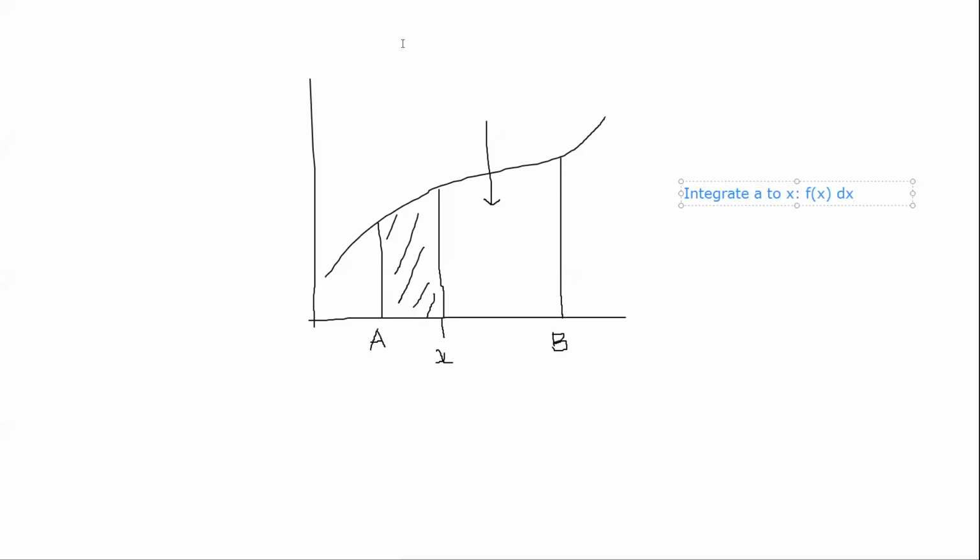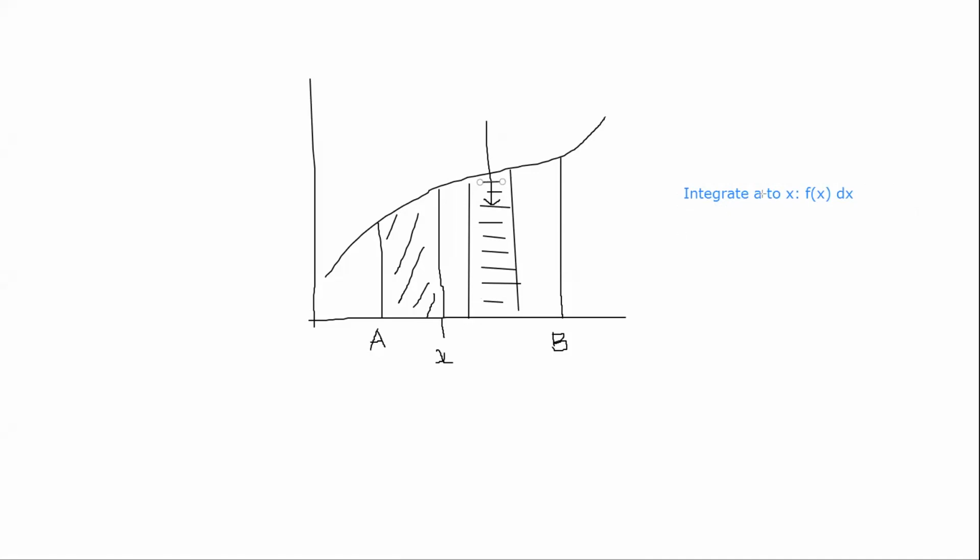We could also have taken it something like this over here, between these two subintervals. Let us suppose that this is x, this is y.